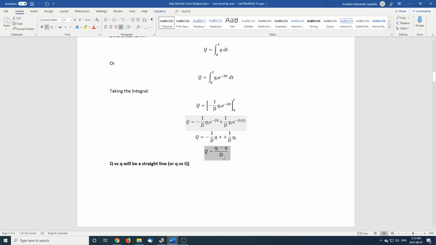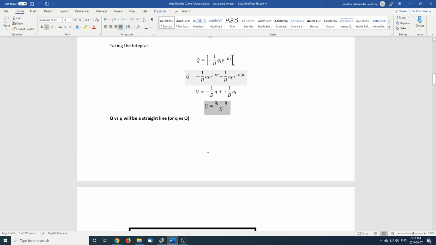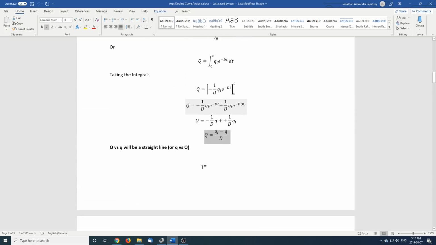Like if you separated the qi and the q into two different over d fractions. But anyways, it should produce a straight line where y is equal to mx plus b, right? And so that would look like this, where the slope is negative 1 over d. And this is for exponential cumulative flow.